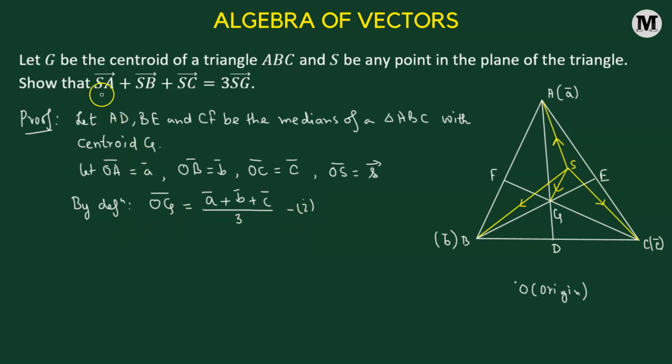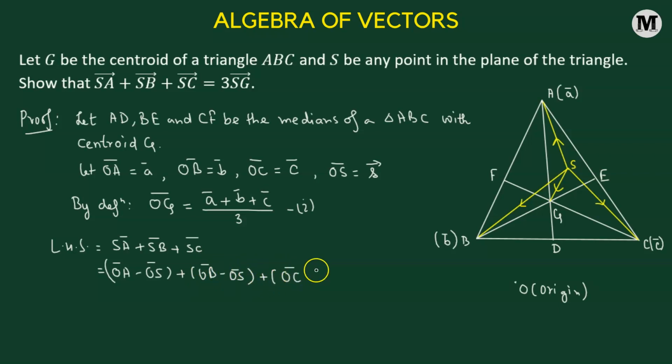Now, let's start with the left-hand side of our problem. On the left-hand side, we have vector SA added to vector SB plus vector SC. Now, in terms of the position vectors, we can define vector SA as vector OA minus vector OS. Then vector SB can be expressed as vector OB minus vector OS. And vector SC can be expressed as vector OC minus vector OS.